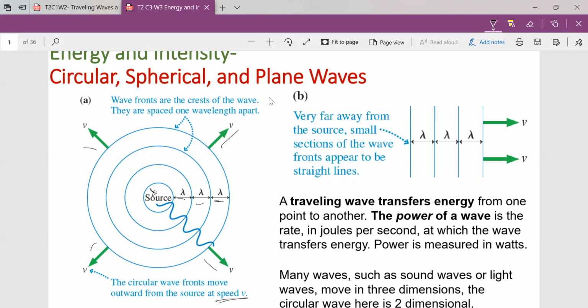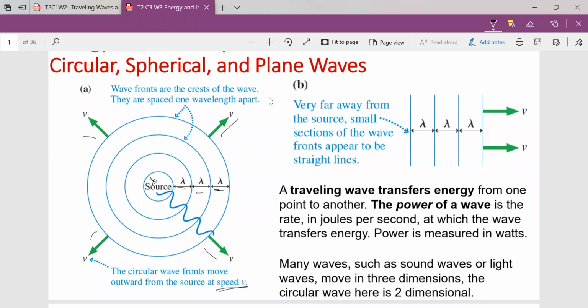Okay, so if we have a very wide spread at the extreme end of the wave, and you take a portion of it, it appears as if they are straight lines, and that is the figure we have represented in figure B. Very far away from the source, a small section of the wave front appears to be a straight line.